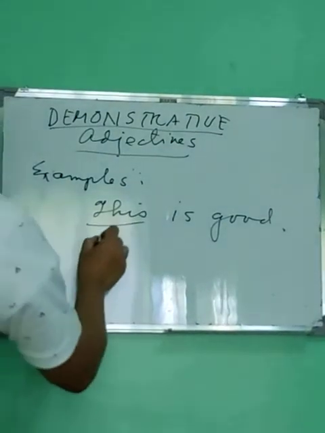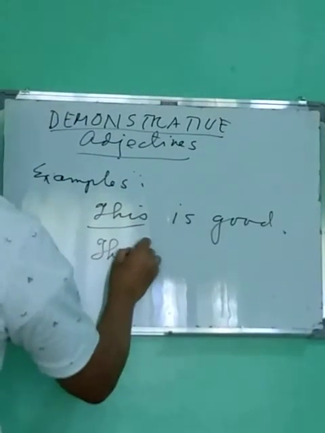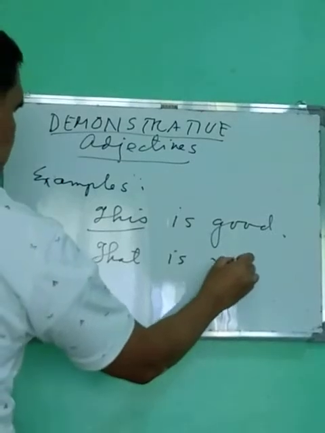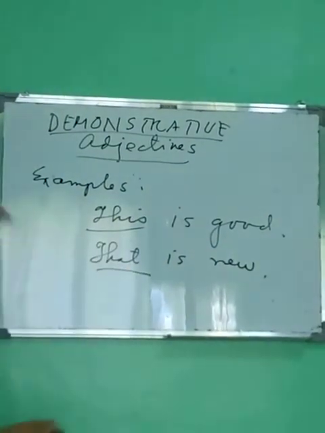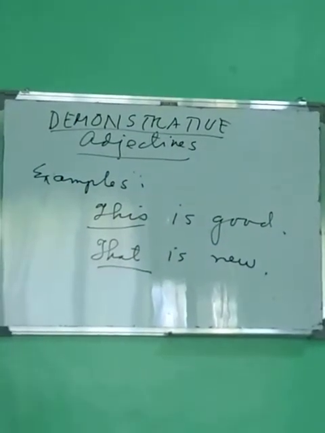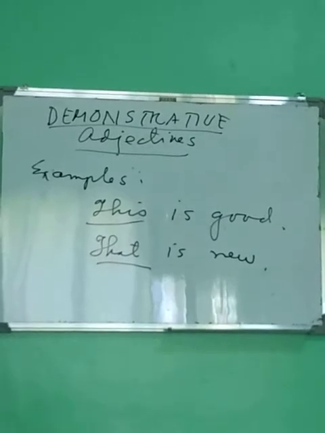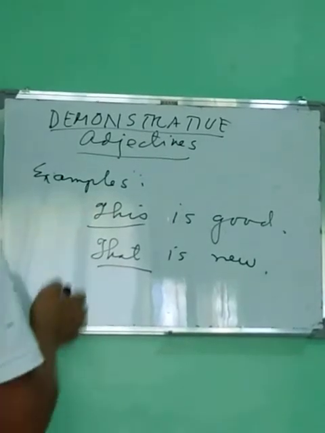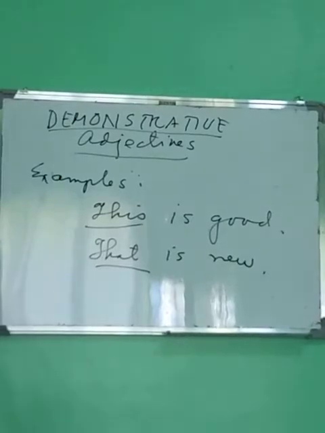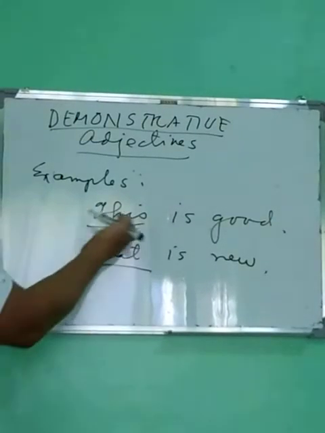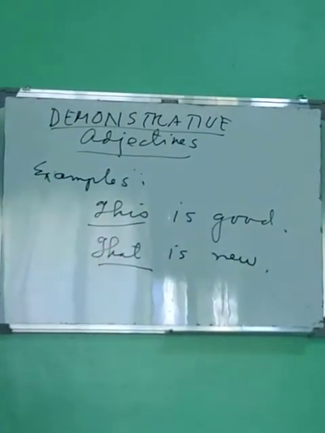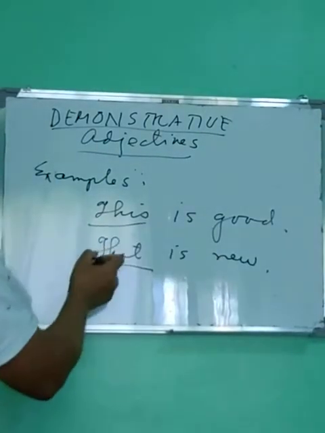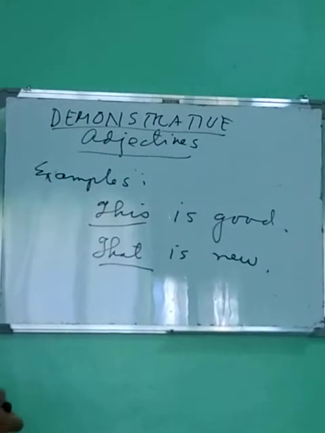Or that is new, for instance. That, as used in this sentence, is it a demonstrative adjective or demonstrative pronoun? Remember that I told you there is no noun that follows. This is good, that is new. So how was it used?